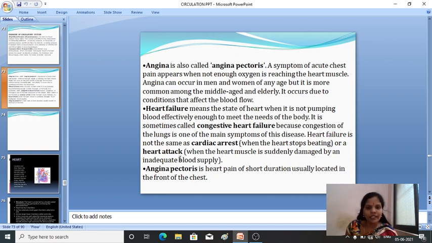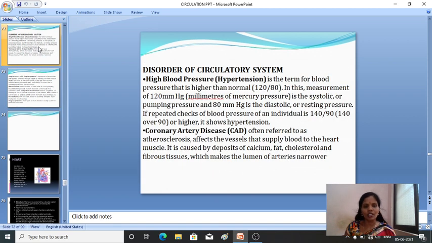In heart failure, the heart does not pump the sufficient blood required for our body. Again, in angina pectoris, the heart pain is of short duration, usually located in front of the chest. Fine. So these are the disorders of the circulatory system.